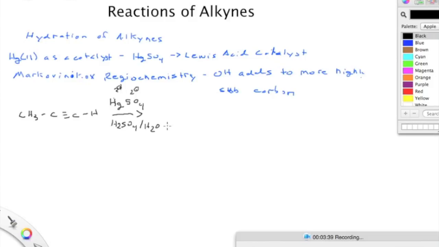And so what we're going to see is, of course, the very same thing that we had when we added HX across this. What we're going to see is this area of electron density attacking this mercury that's right here.